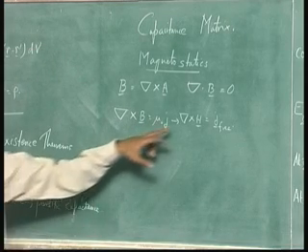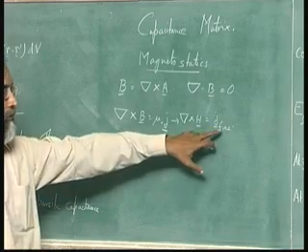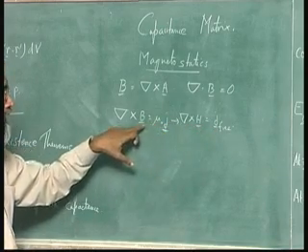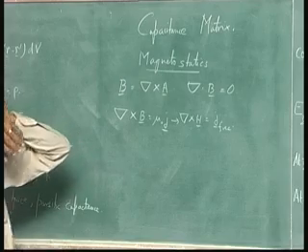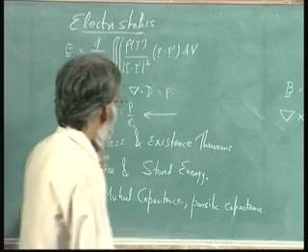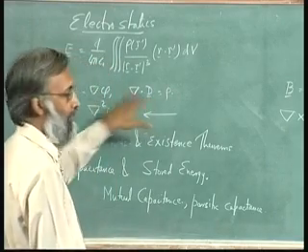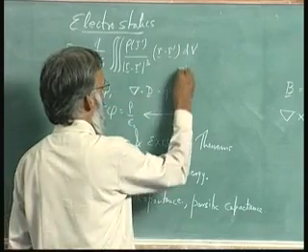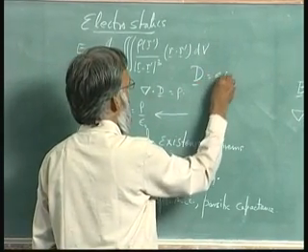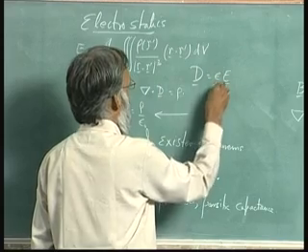Now really there wasn't enough discussion about the relationship between H and B, whereas the relationship between D and E is rather simple. D is just epsilon E, where epsilon is a constant.